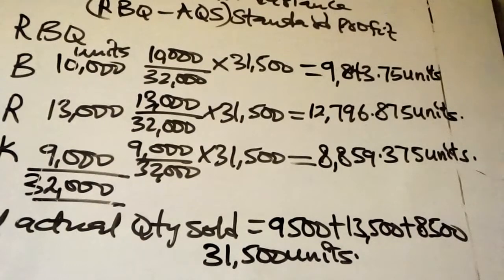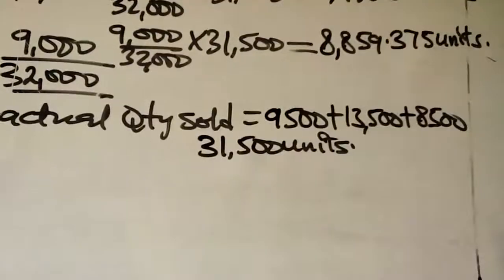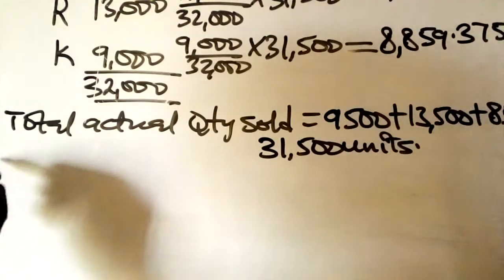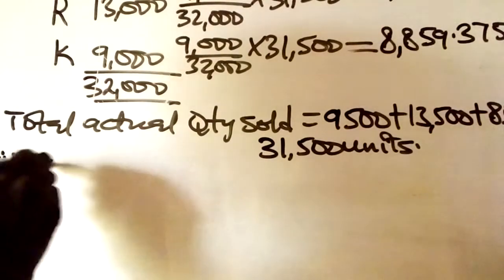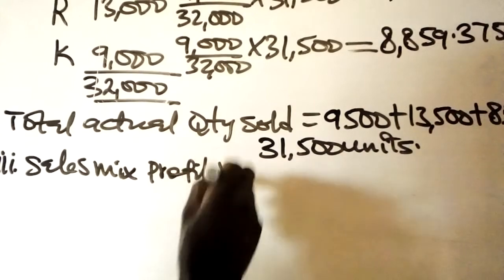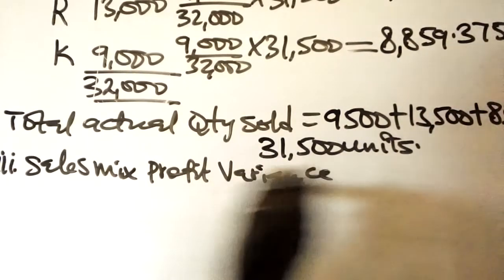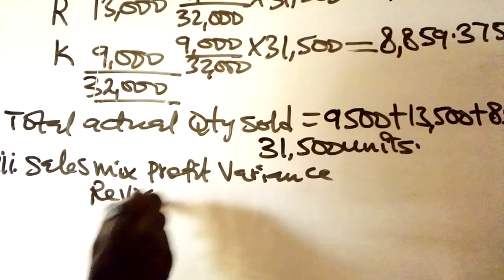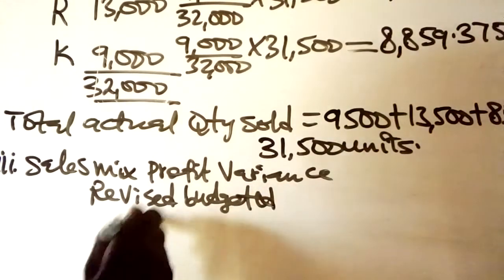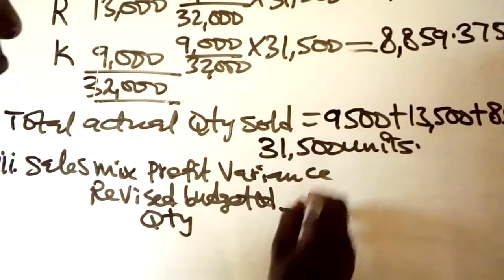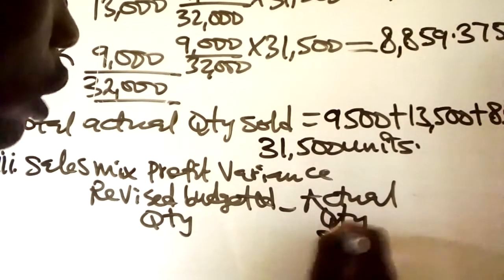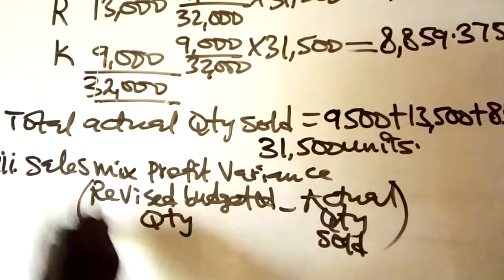So remember, the formula for sales mix profit variance, requirement 3, is the revised budgeted quantity minus actual quantity sold, multiplied by the standard profit.